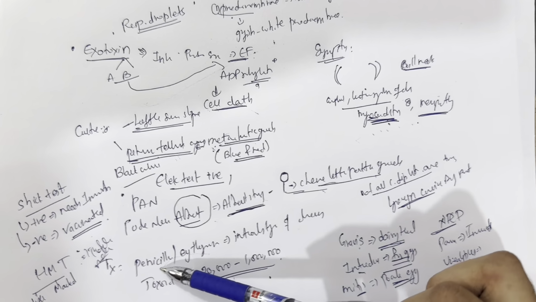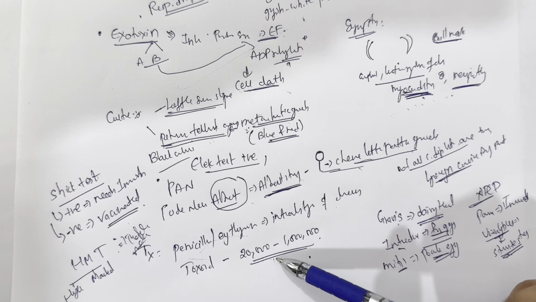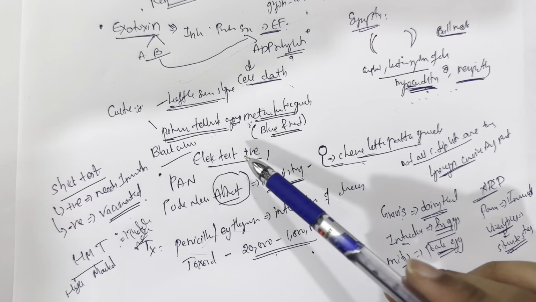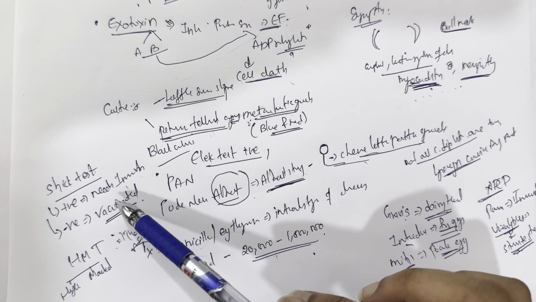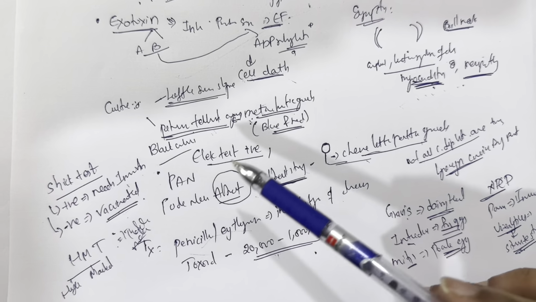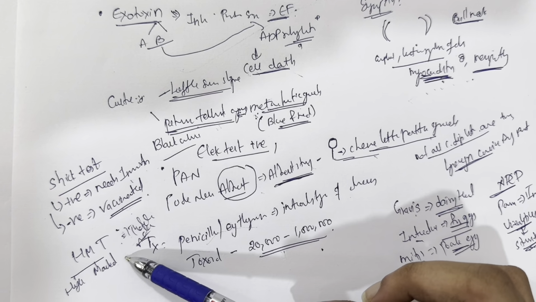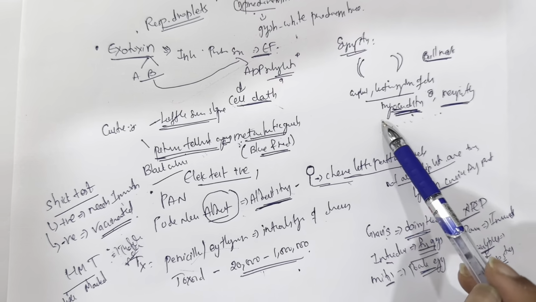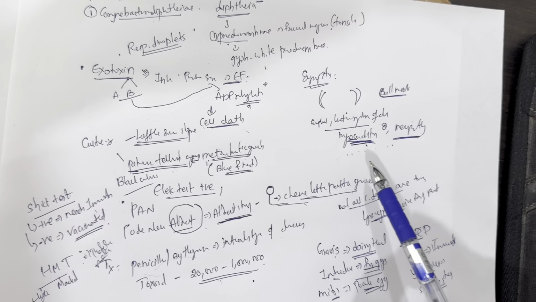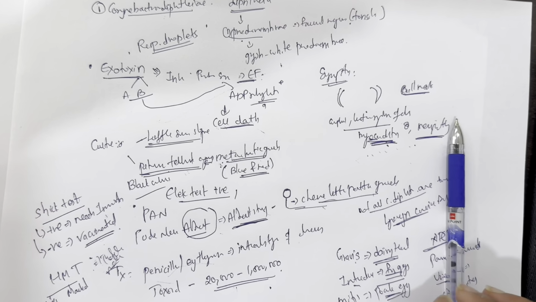The treatment is penicillin and erythromycin, and the dose of antitoxin is 20,000 to 1 lakh units, or 100,000 units. The Schick test, if positive, means the patient needs immunization; if negative, he is vaccinated. The media are HMT, Hoyle's, Mcleod's and Tinsdale media. So I tried to summarize Corynebacterium diphtheria, all the high-yield and important points, in one video. Thank you.